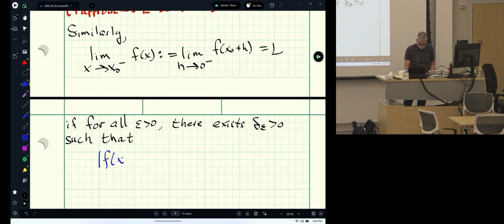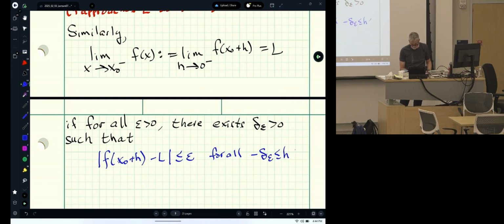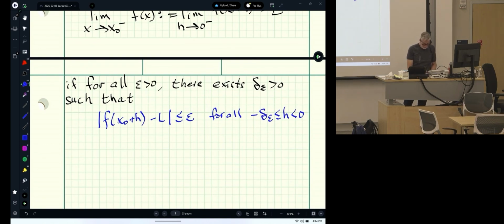And so we'll have f of x0 plus h minus L is within our level of precision epsilon for all small negative values of h. f approaches L as h goes to 0 from the left.